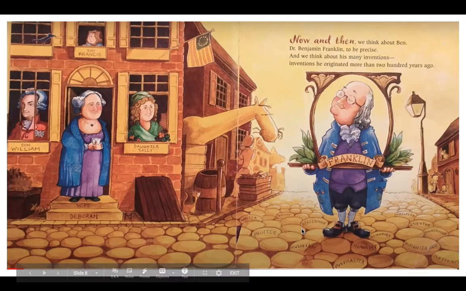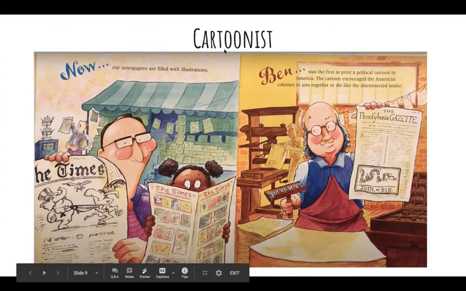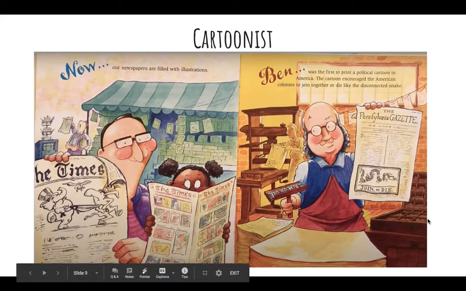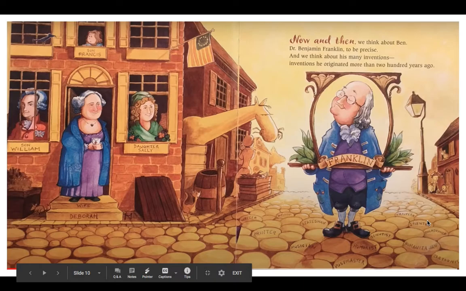Who remembers in the story the cartoonist? What does that mean, cartoonist? Ding, ding, ding. He was a cartoonist also. A cartoonist is someone who creates cartoons, and we just went over that in our lesson, that he made cartoons for the newspaper.